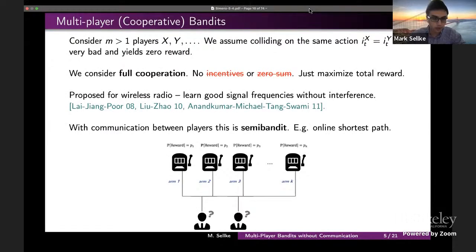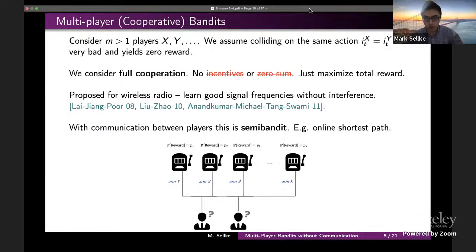So this model was proposed for wireless radio communications. So maybe I want to pick a good frequency, you want to pick a good frequency, but we don't want to interfere with each other. And if we can work together throughout this process, then this is just a semi-bandit problem. So instead of picking one arm every time step, we pick maybe two arms every time step.